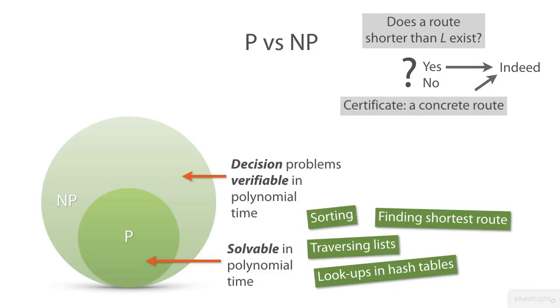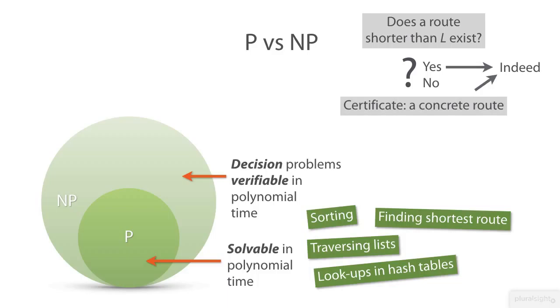Intuitively, whenever a problem can be solved in polynomial time, its corresponding decision problem can also be verified in polynomial time, because we can just solve the problem in order to produce the needed certificate ourselves. Therefore, whenever a problem is in P and can be solved in polynomial time, it can also be verified in polynomial time simply by solving it, and therefore it is also in NP.